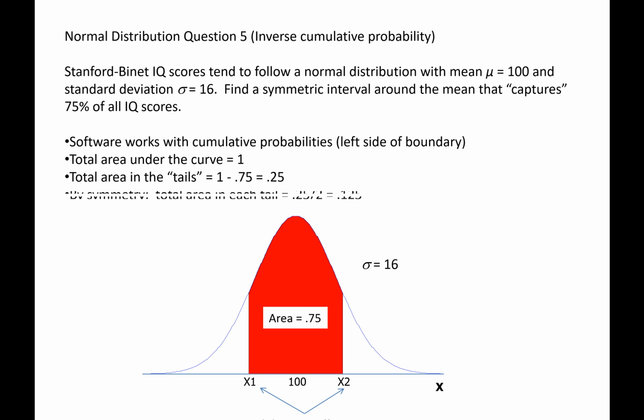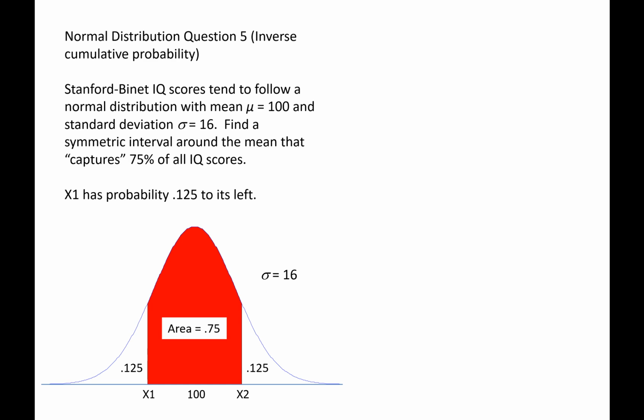That means each of the tail areas has 12.5% of the area, and you can see that labeled here. If I add up 12.5% plus 12.5% plus 75%, that equals 100%. So to the left of x1, there is 12.5% of the area. How do we find x1?